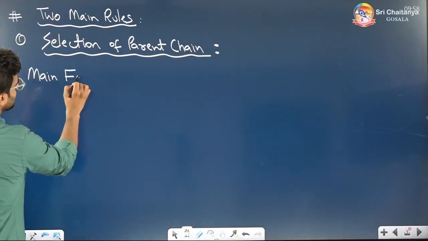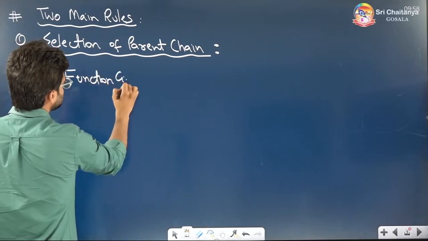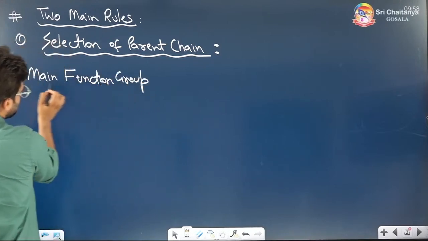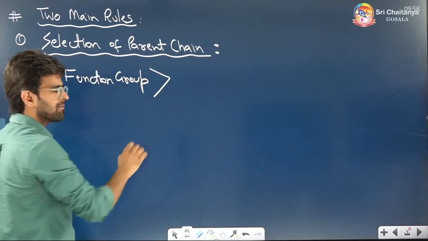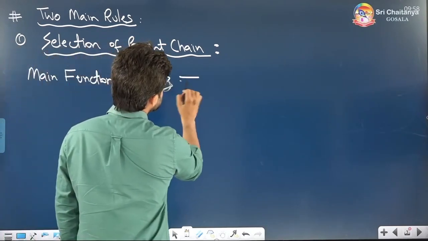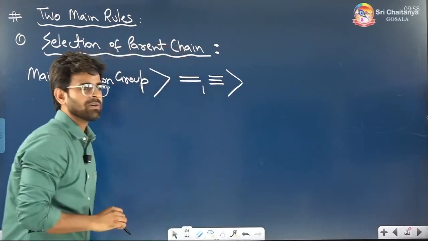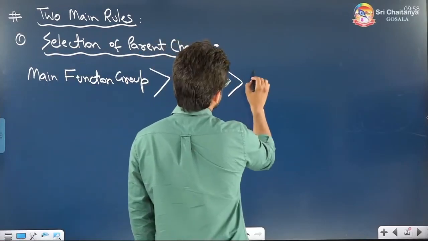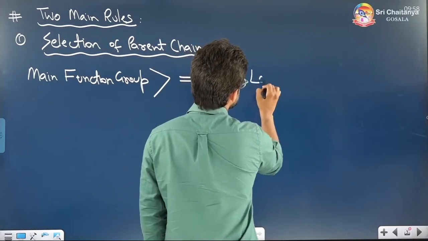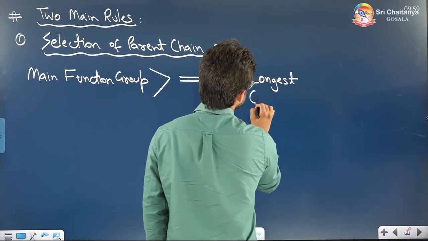Before selecting the parent chain, you have to take that chain as the main chain which has our main functional group. After that, the second important thing is double and triple bonds. Then the third one is the longest carbon chain.